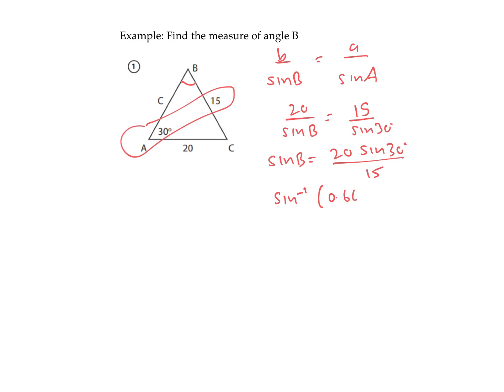And it's 0.6667, which is not greater than 1, so we should be able to find the answer for angle B. So we'll do shift sine of the answer, and we get approximately 42. Then we're going to find the supplementary to B that we just found. So it'll be 180 minus 42, which is 138.